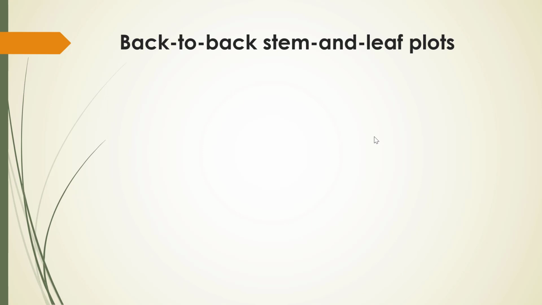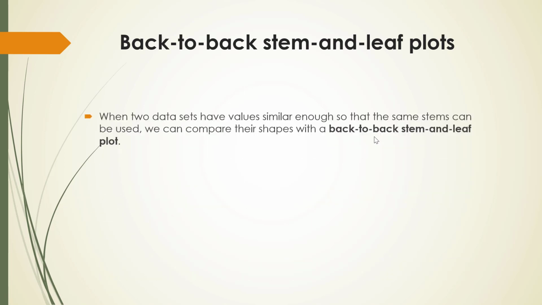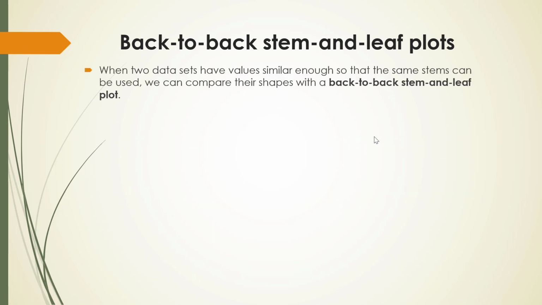Similar to side-by-side bar graphs, we also have back-to-back stem and leaf plots. The basic purpose of this plot is just to compare two sets of information of the same class. So when two datasets have values similar enough so that the same stem can be used, we can compare their shapes with a back-to-back stem and leaf plot.